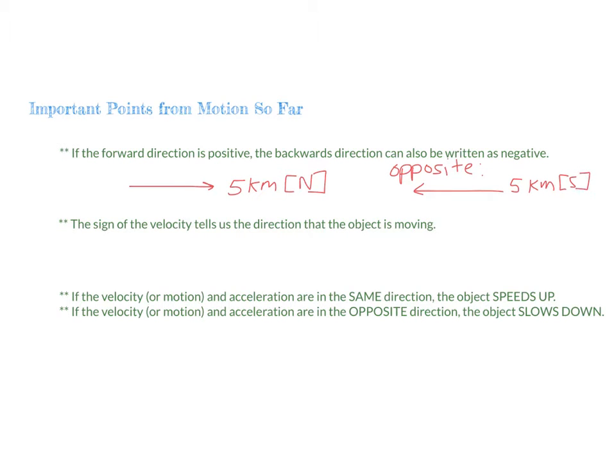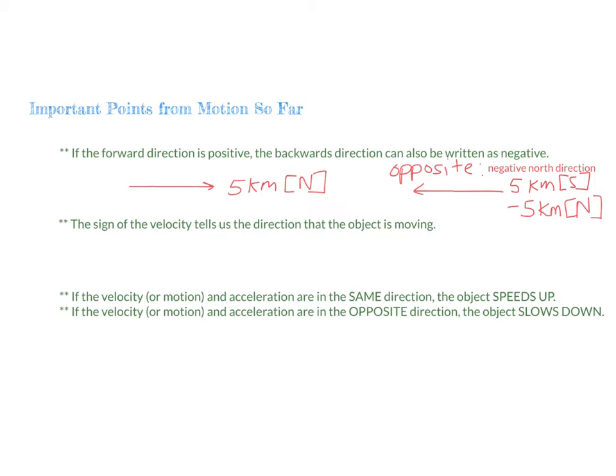But we can also call that the negative north direction. So that south direction could also be written as negative north. So if we ever start going backwards to what our forwards direction is, it could also be written as negative north. So we'd say this is negative 5 kilometers to the north, because we're going backwards to this normal forwards direction.